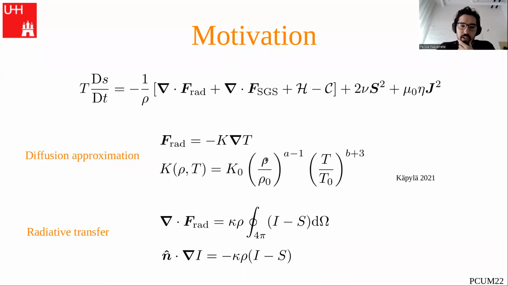Usually this equation is solved by modeling radiation with the diffusion approximation, and lately it has been more or less standard to adopt the Kramers opacity with indices a = -1 and b = 7/2. We want to replace this scheme with radiative transfer.